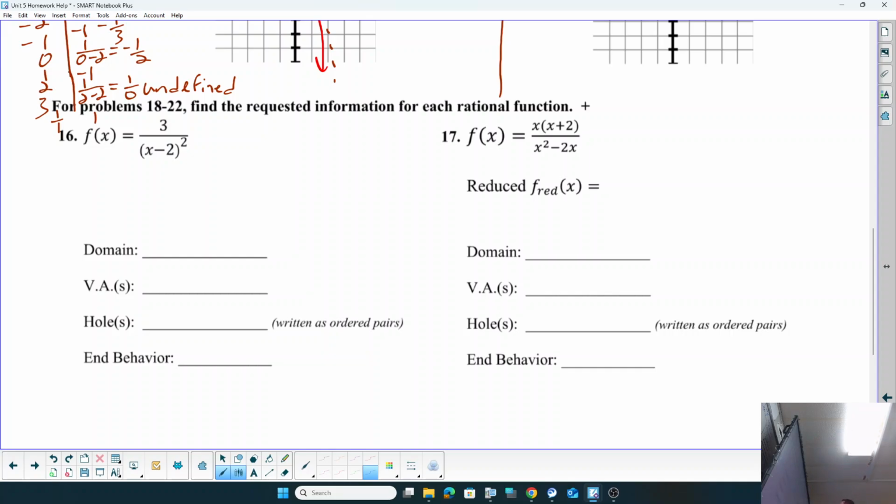So number 17, we need to always factor first. Always factor the top, factor the bottom. Lots of factoring, always factor. So we can plot an x here.